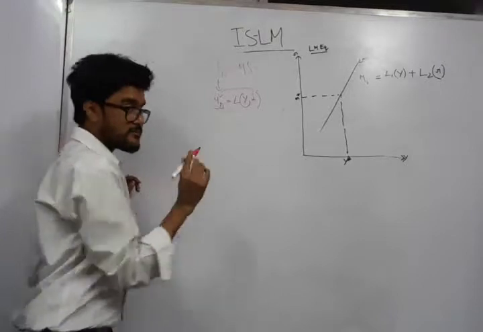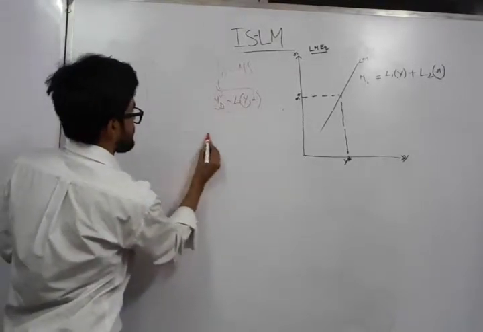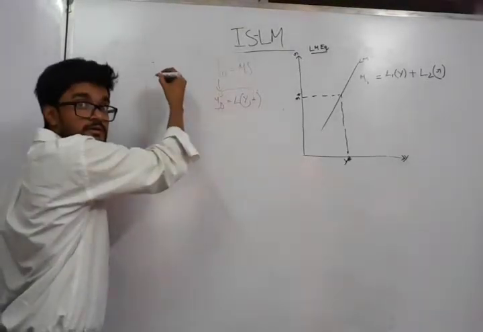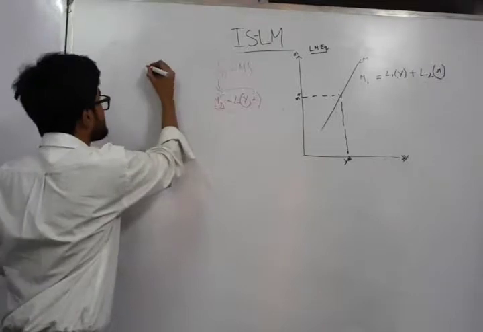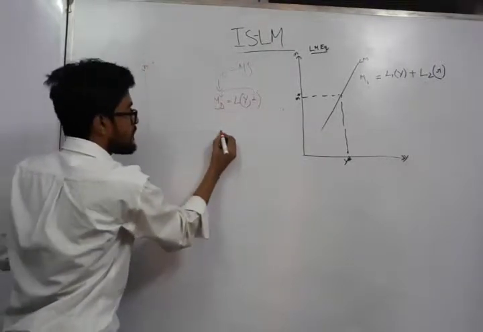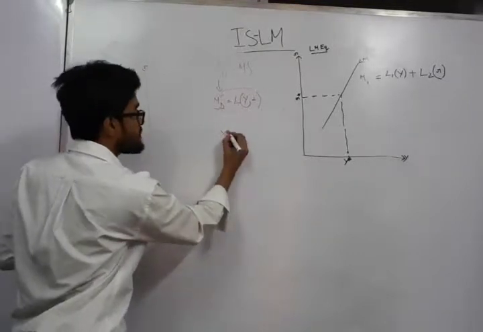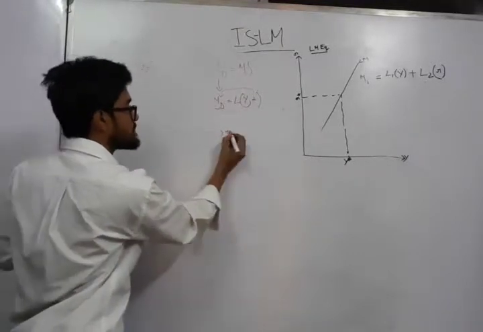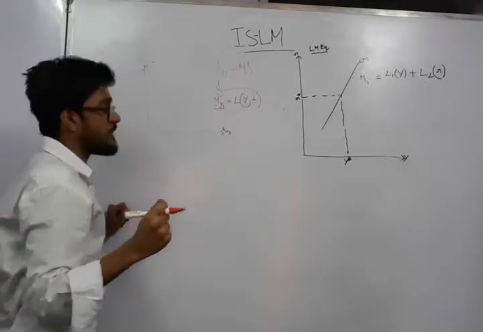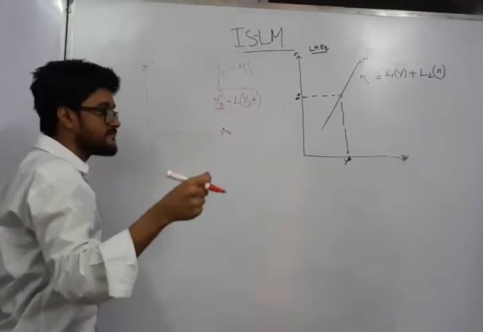Let us draw a diagram. On the vertical axis, we'll take I, that is interest rate. On the horizontal axis, we'll take money demand, or say the quantity of money that consumers are willing to have for transaction or speculative demand.